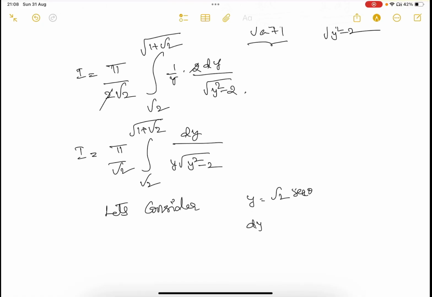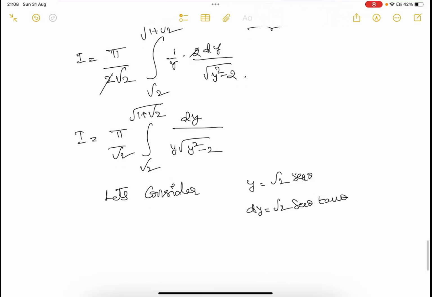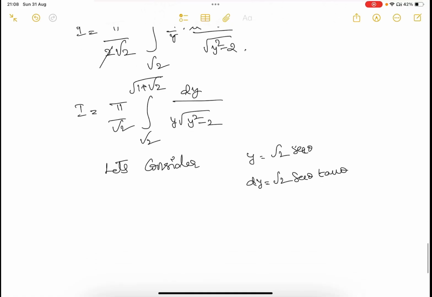Then dy will be root 2 secant theta tan theta. Fine. Then what about the integral limits? We'll convert it first after integrating dy by y into root y square minus 2. Then we'll convert it back. Then we'll substitute the limits, right?